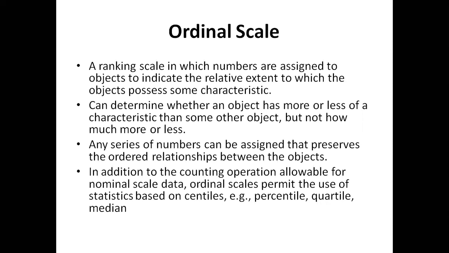Here it is an improved version as well as an additional characteristic-bearing scale, which is called the ordinal scale. It can determine whether an object has more or less of a characteristic than some other object, but not how much more or less. Any series of numbers can be assigned that preserves the ordered relationship between the objects.